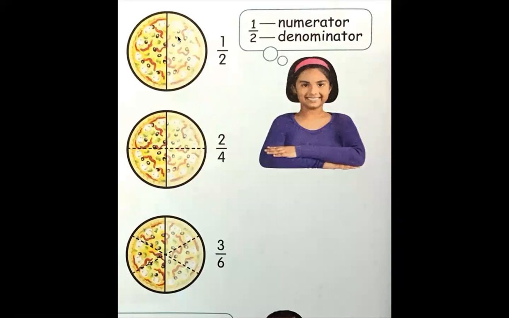All right, the first pie was Justin's pie, and he ate 1/2. What does that mean? 1/2. What does the 2 mean? The denominator. Who can tell me what is the 2?